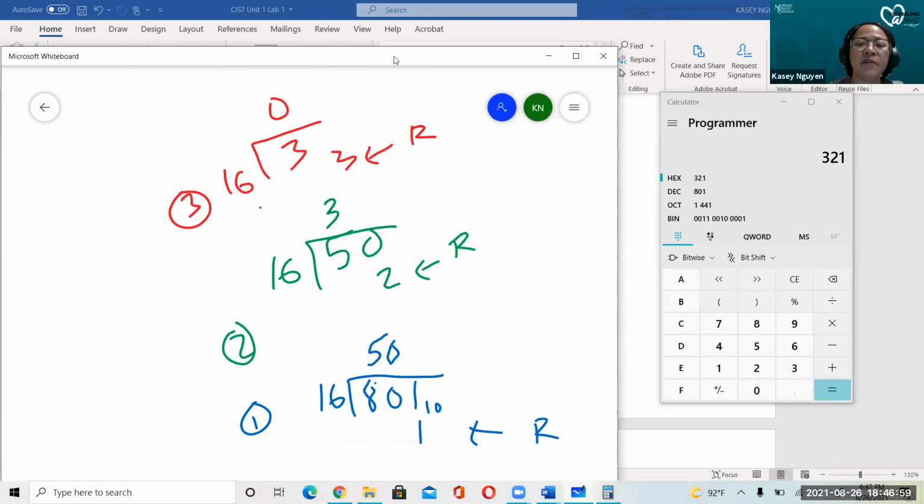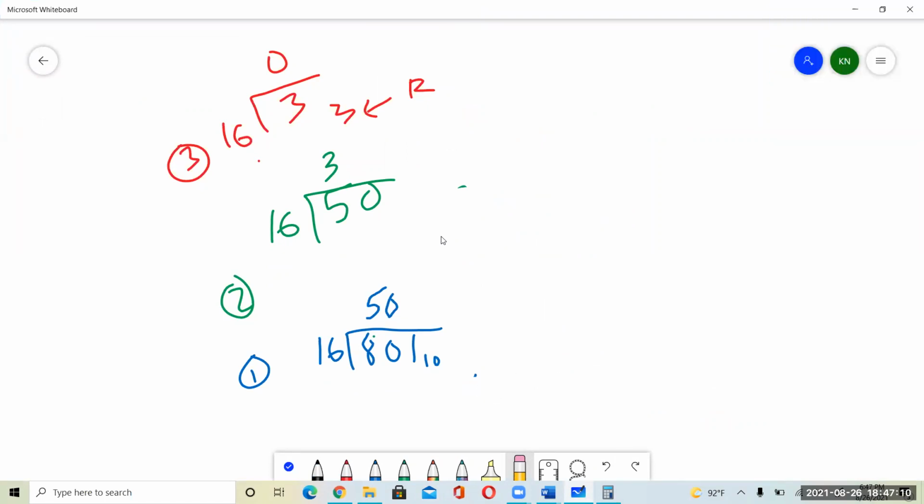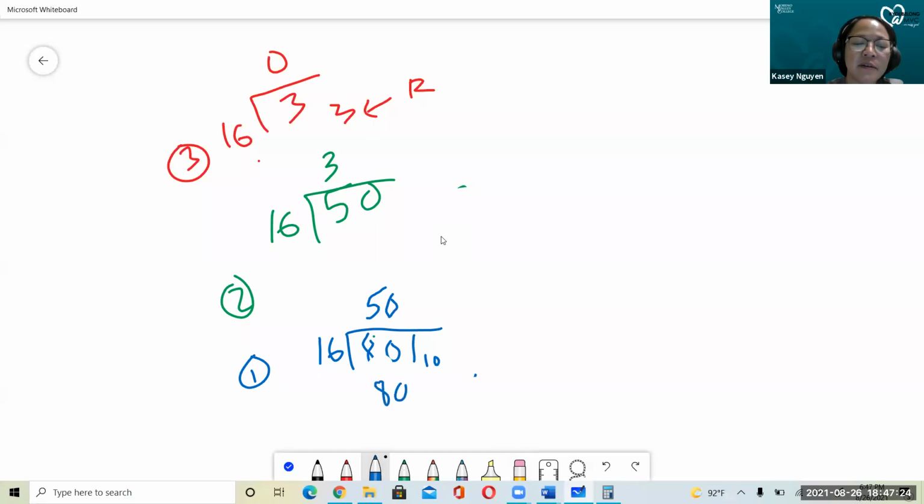So instead of rewriting it, I'm going to show you. I did some shortcut there, but let me erase this. If I take the 801 divided by 16 using long division, it will be 50 for the quotient because 50 times 16 is 800.